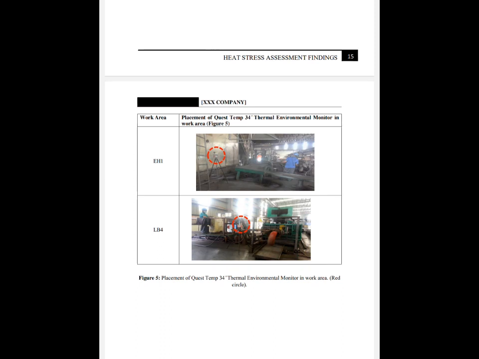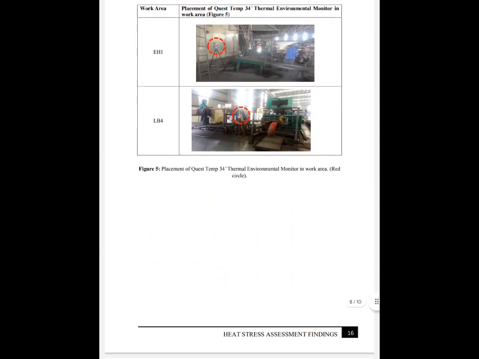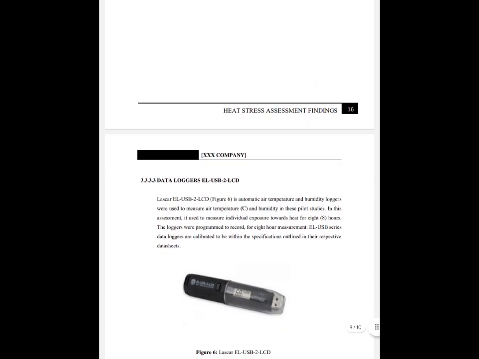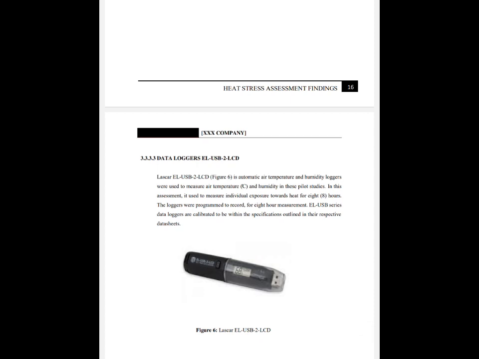All right, so at the EH, from this placement, we can see that they are using rapid assessments, where it is 1.1 meter from the floor. Okay, and then for the personal heat exposure, they are using data loggers, where these data loggers will measure the air temperature and humidity for 8 hours, individually measured.